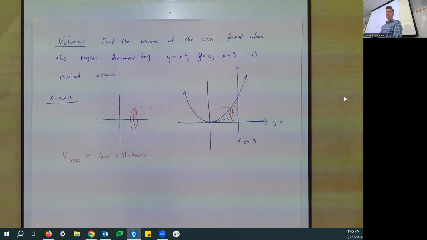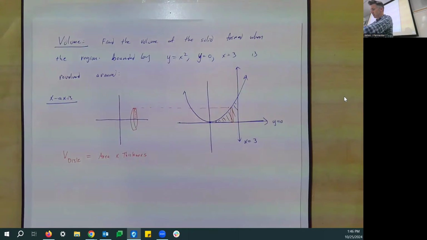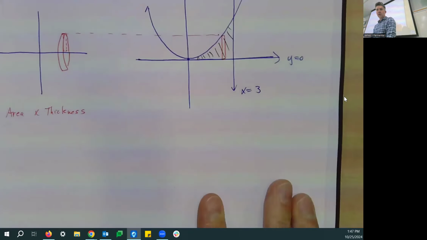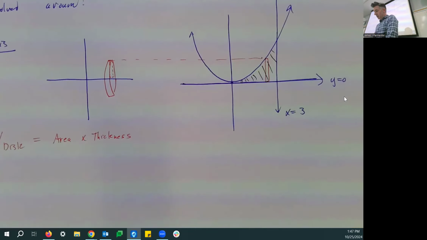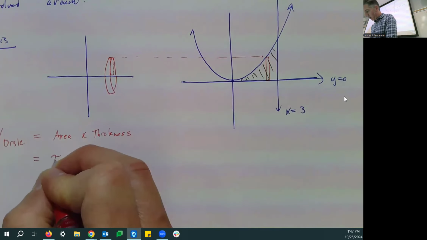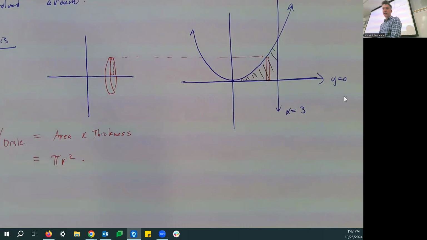I've just rotated the thing around. You see that okay? Let me zoom in a little bit. Cool. The area is the area of a circle. The thickness is the width of your strip, which I typically think of as dx, a small change in x. You can write delta x if you wanted to. I like dx because dx is what's going to end up in our integral.